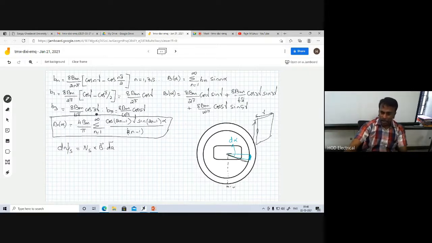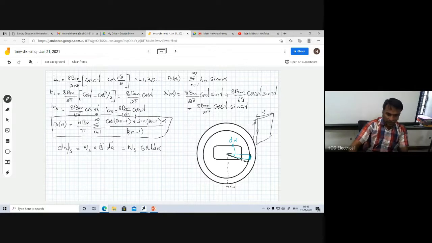Then this small angle is d alpha. So we can write Ns times magnetic flux density into R into L into d alpha. Since the flux density distribution and this area are parallel, the dot product gives B R L d alpha.